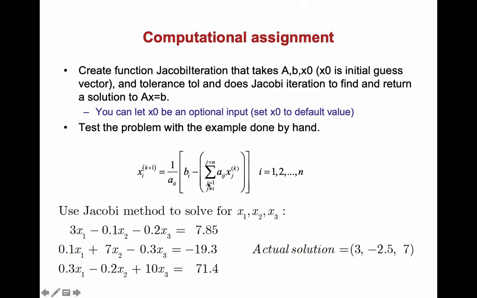So this sum loops over basically all of the elements in the row I, right? Except for the diagonal element. That's this one, because that's the one that we left on the left-hand side. Everybody else went to the right-hand side, right?